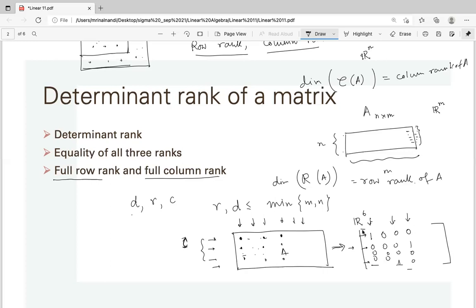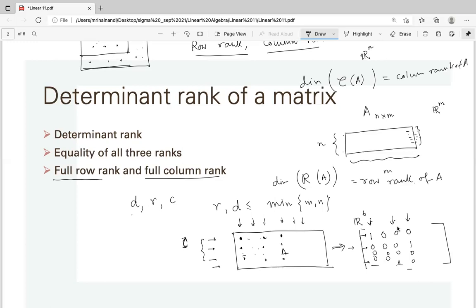So if we can't get a non-zero determinant with a 4 cross 4 submatrix, then the 4 rows can't be independent. Because if 4 rows are independent, that means there is a 4 cross 4 submatrix, because in the echelon form, we reduce to the echelon form.